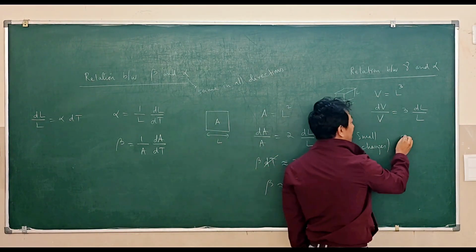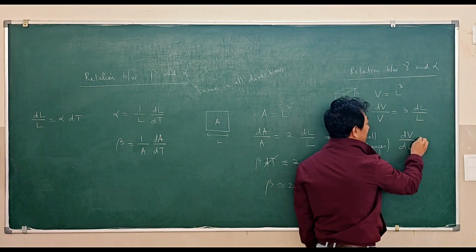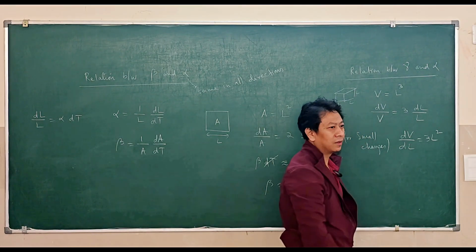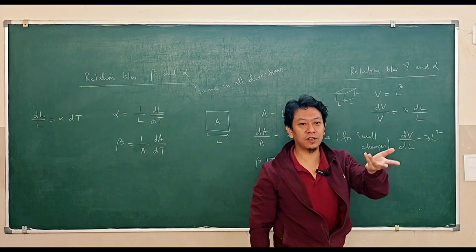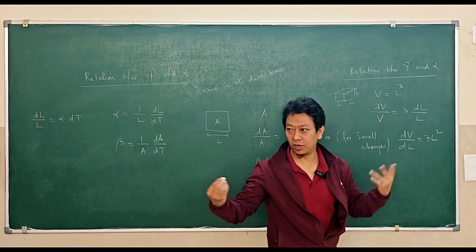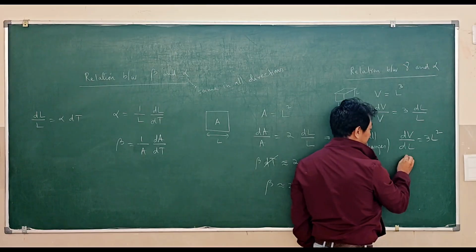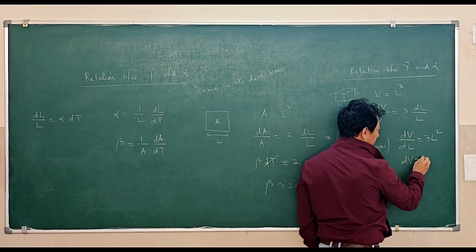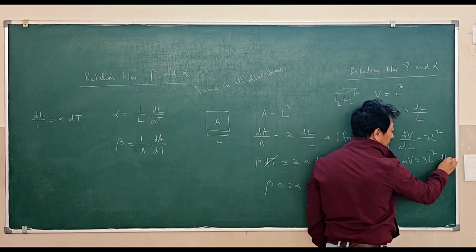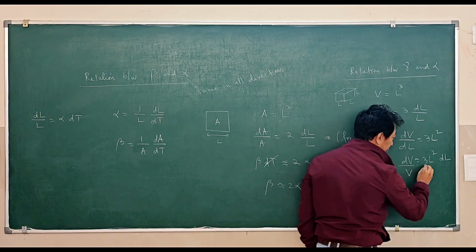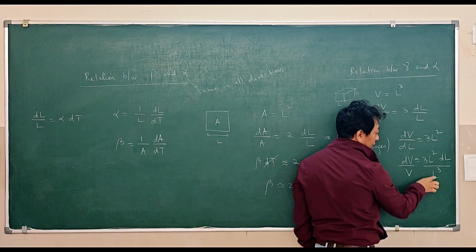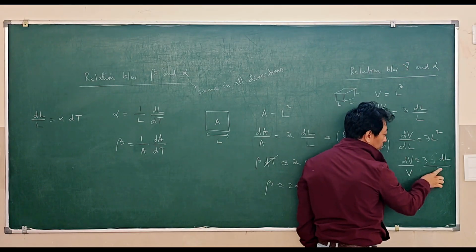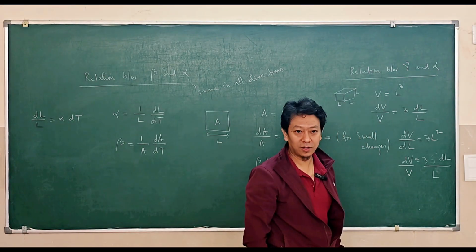See, it's easy. dV by dl is 3L square. Differentiation of x cube is 3x to the power 3 minus 1. So this you know already. Cross multiply dl. What will be dV? 3L square dl. Now divide by V. Who is V? L cube. Oh, understood, sir. L square, L cube will cancel here. See?